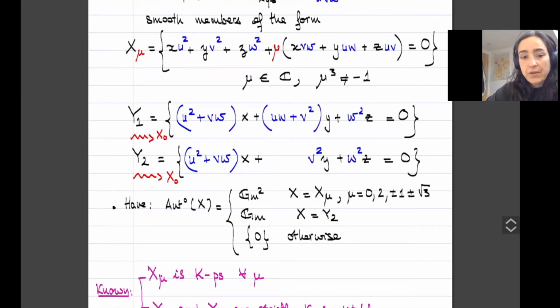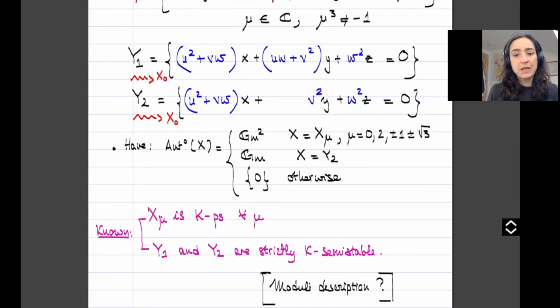You can show that you have an effective G_m action on Y2 and finite automorphism group for everyone else. And what's known is that here X_mu is K-polystable for all mu, including the ones that correspond to singular values, so mu cubed equals -1 and at infinity. And Y1 and Y2, which have degenerations to X_0, are therefore strictly K-semistable.